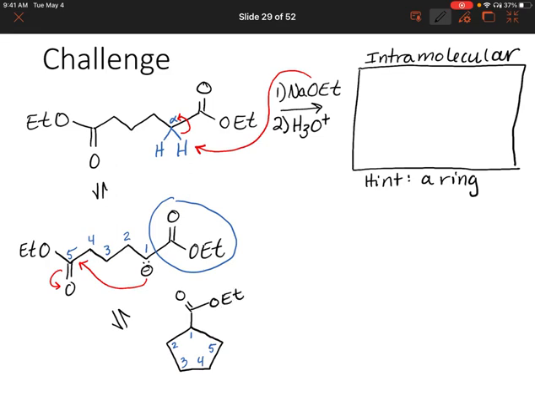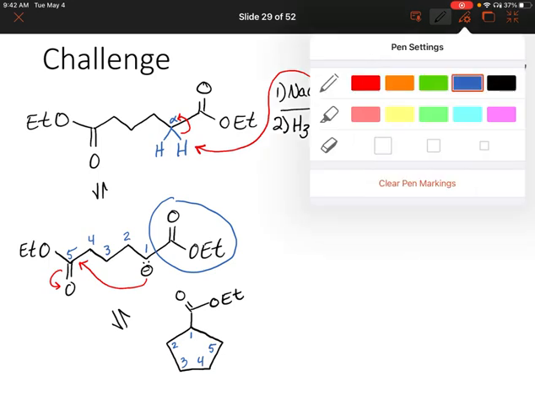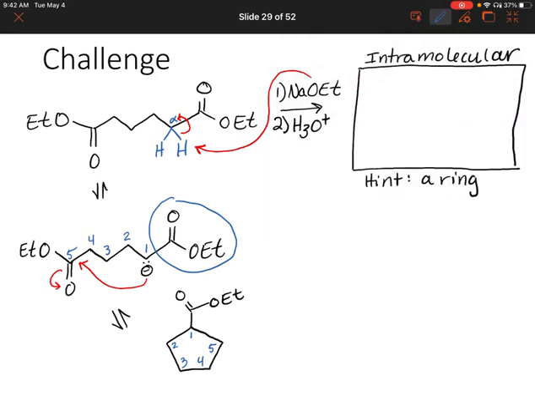And on carbon 5, we're going to have a negatively charged oxygen and then our ethoxide group as well. Oh, whoops, I drew that on the wrong side. It doesn't really matter because it's symmetrical, but we'll just stay consistent. All right, so we've got a negatively charged oxygen and then our ethoxide group.